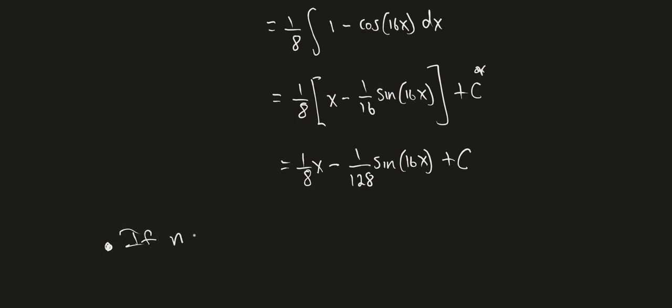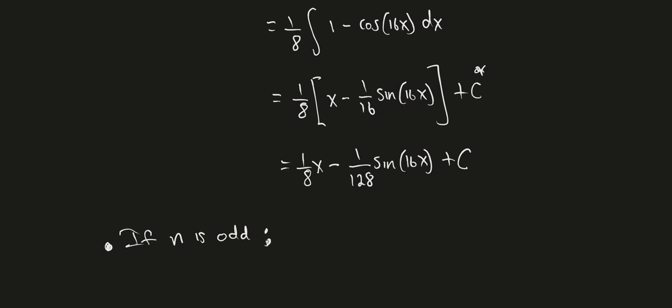then the half angle identities won't work, because those half angle identities only work when you have both powers being even. So we have to come up with a completely different process, right? So if n is odd, what we're going to do is this particular process.